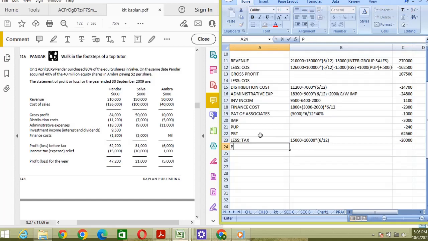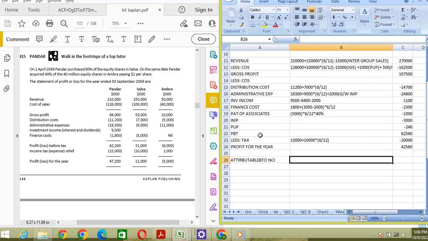So profit for the year equals 42,560. Now we need to calculate the profit attributable to NCI. Here you might have a little bit of confusion. The profit for the year of the subsidiary is 21,000.